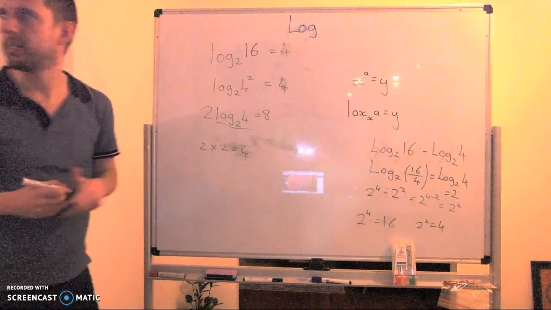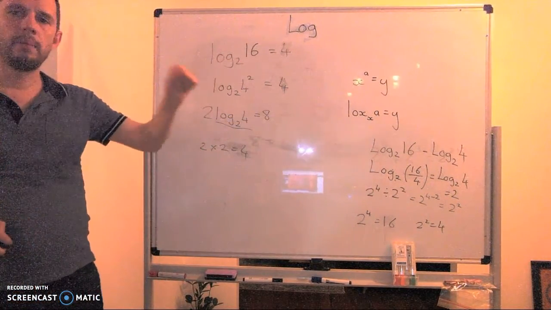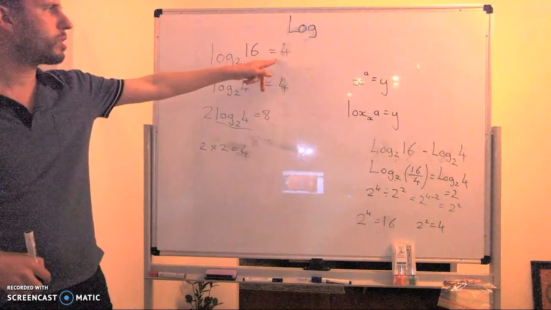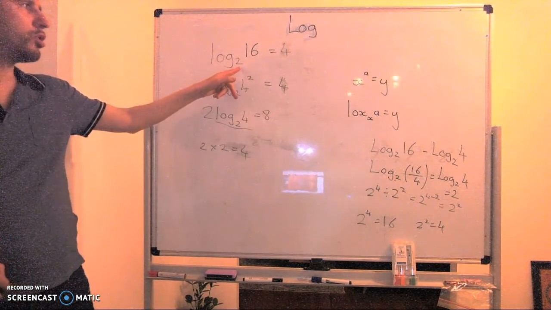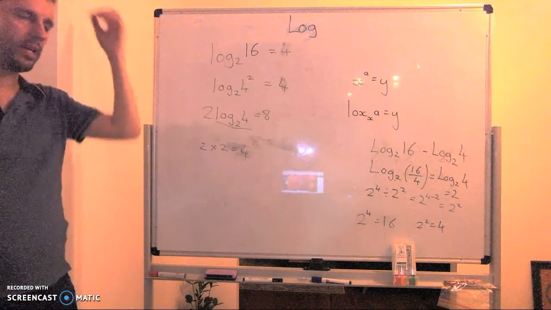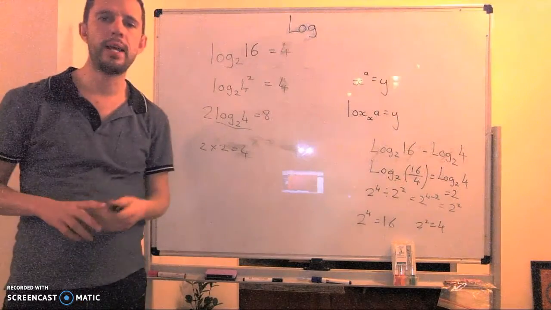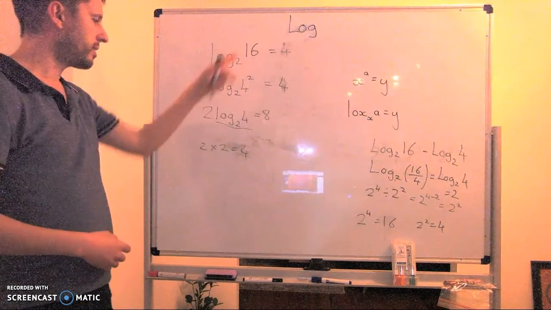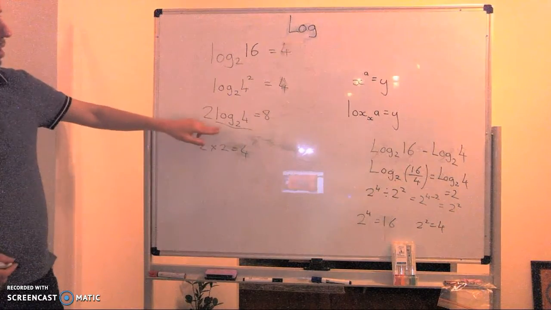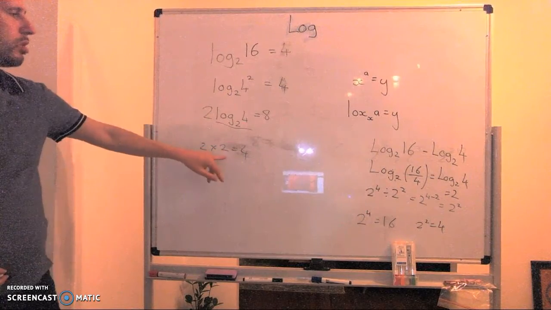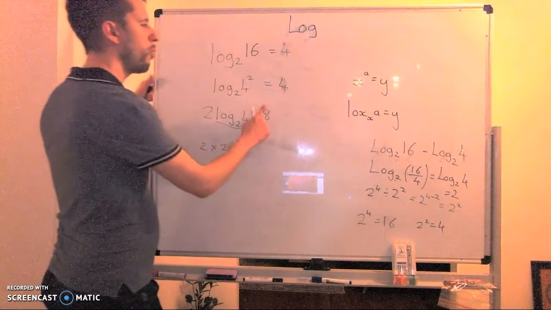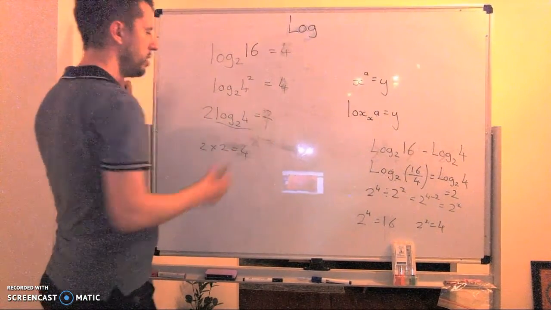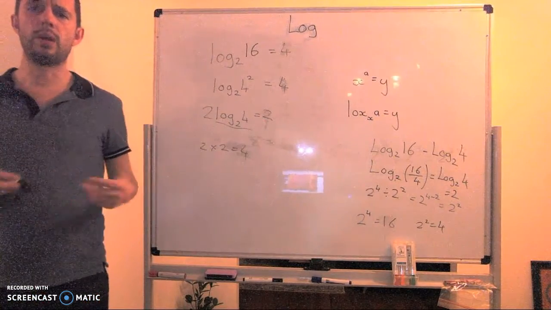So that's my mistake. I said it, but I just wrote down the wrong thing. Because if we look at this, 2 to the power of 4 is 16. Now I did the working out, but that's where we can make mistakes sometimes. So log 2 of 4 is 2. 2 times 2 is 4, which is what we got. So it's really about understanding that relationship.